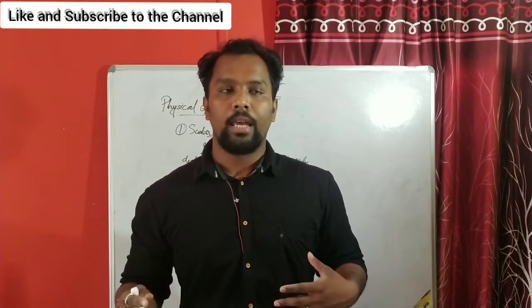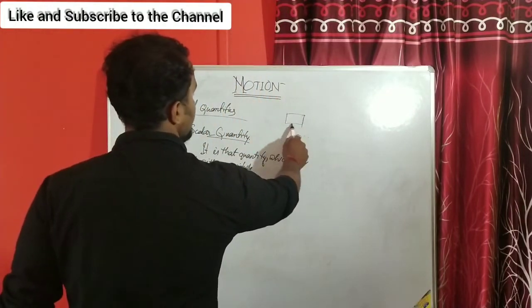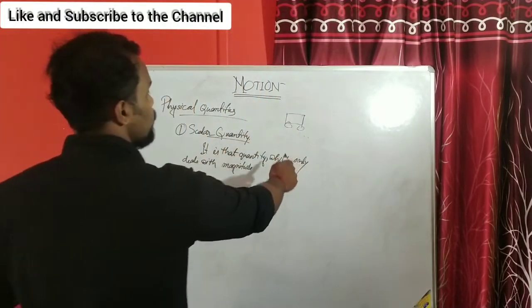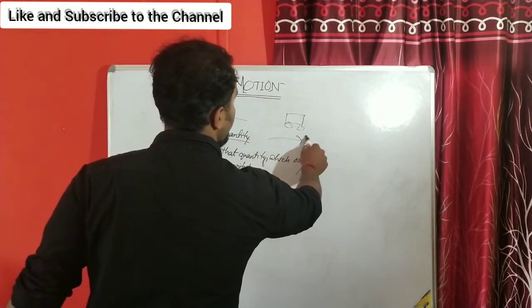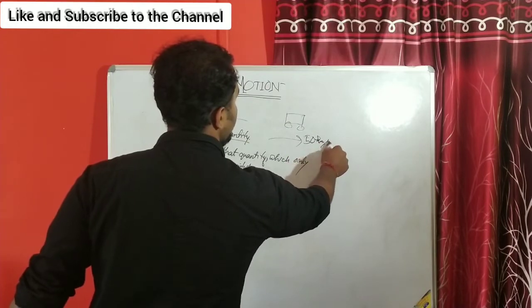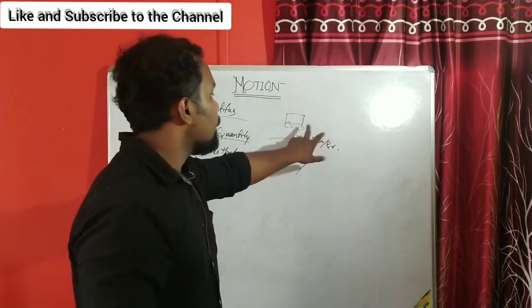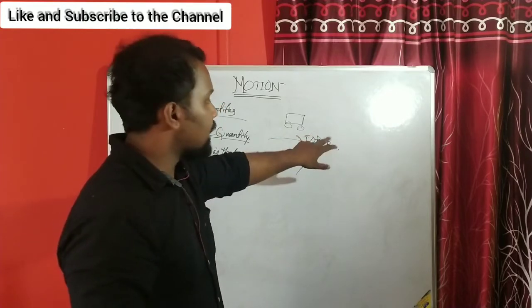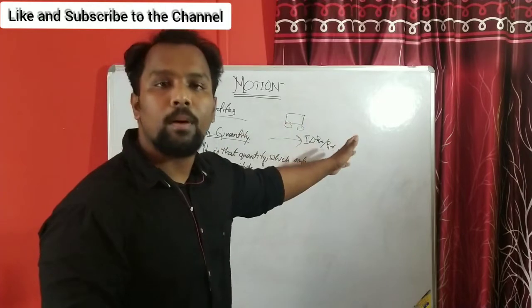Again, consider a car. If I say that car is moving at a speed of 50 km per hour, I have only mentioned the magnitude. Have I mentioned that the car is moving at a speed of 50 km per hour in the east direction?